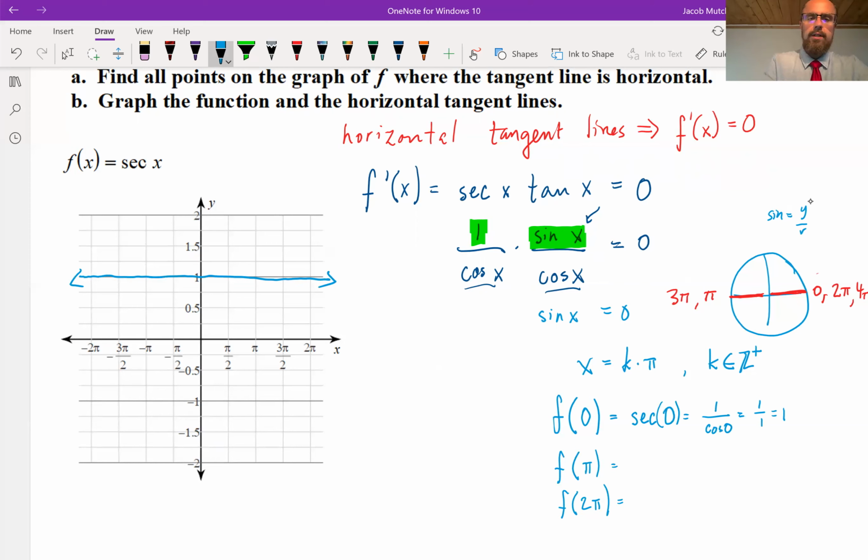Let's write that, and its equation is going to be y equals 1. But let's see if we have any different horizontal tangent lines. So secant of pi is going to be 1 over cosine of pi, and cosine of pi is negative 1. 1 divided by negative 1 is negative 1. So it looks like I also have a tangent line going through the y-axis at negative 1.